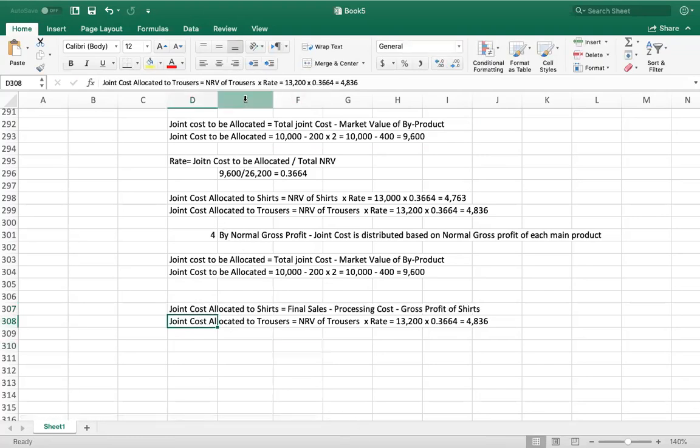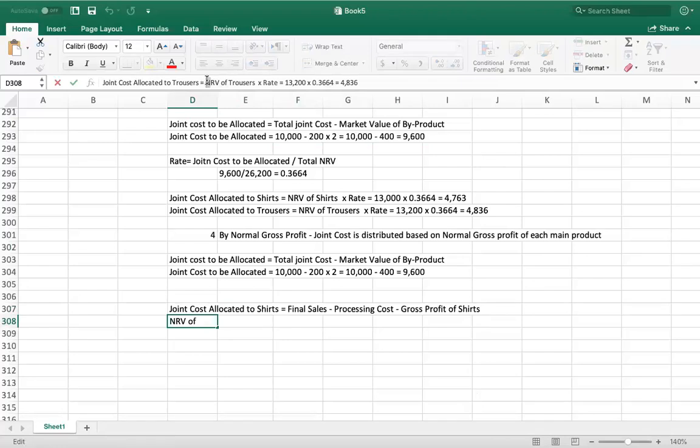In the same way for the second product, it is equal to final sales minus processing cost.